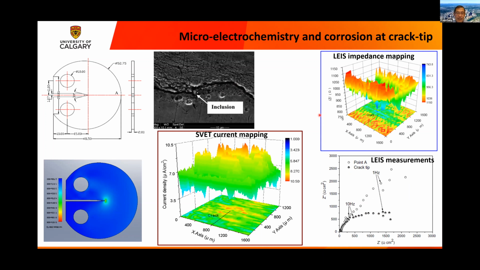We can find at the crack tip there is an enhanced corrosion current and a reduced impedance. That means the crack tip will suffer from increased corrosion.